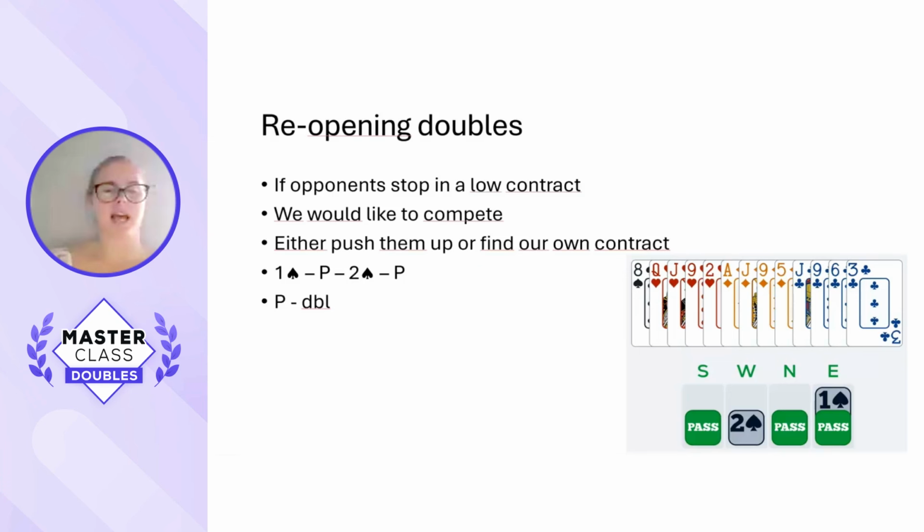Sometimes it doesn't have to be as good as 4-4-4 in the unbid suits. It can be typically 4-4-3 or something like that. But we are telling partner that, okay, here we want to compete. Bid your best suit, and we will be fine with that suit. And we are typically quite short in the suit bid by opponents.